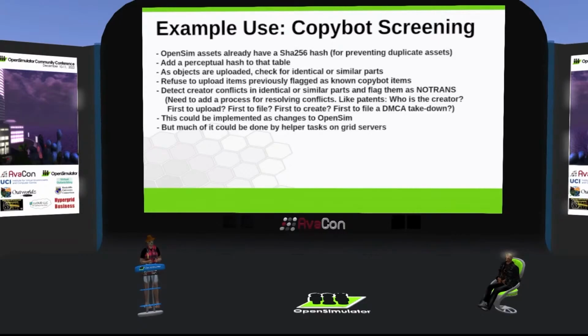Or you could detect items in your own asset database that are similar and send an IM to both of those people saying, hey, are you uploading the same image, and which of you is really the creator? Or you could refuse to upload things that don't have the export bit on, if the export bit is ever implemented.